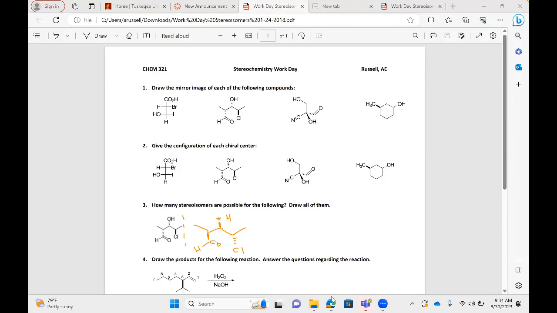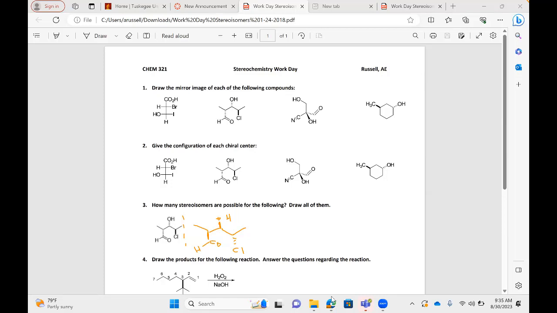Well, am I rotating it, or can I draw diastereomers of it? I could take the original and make a diastereomer by altering one stereo center. Could I do that?